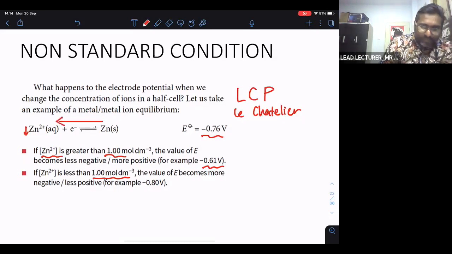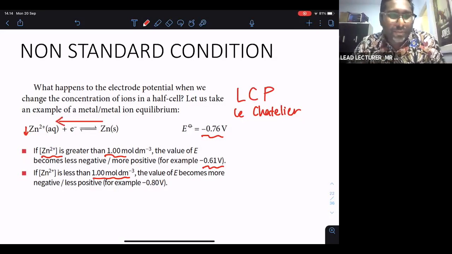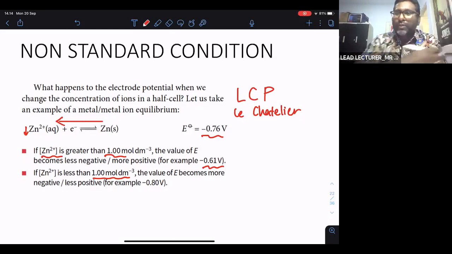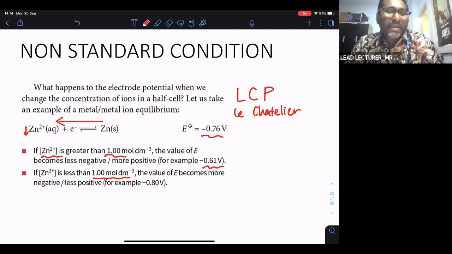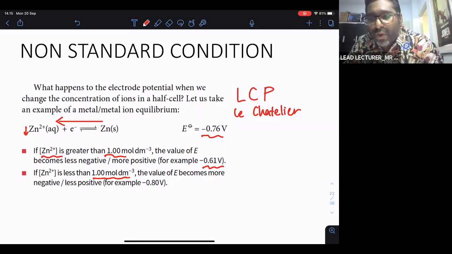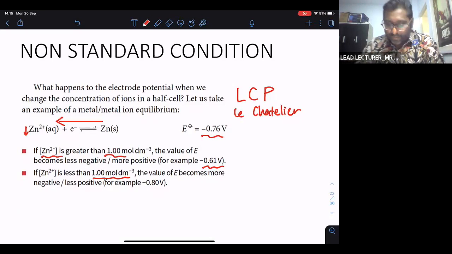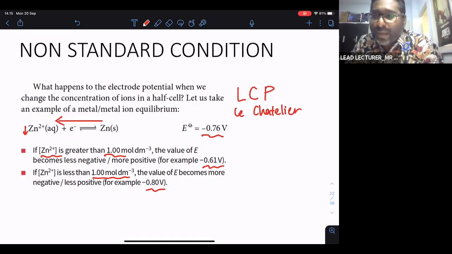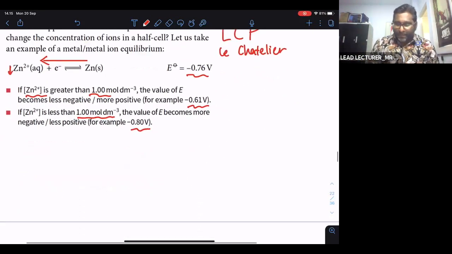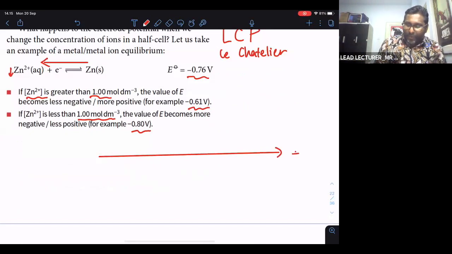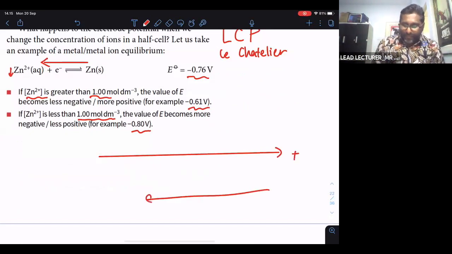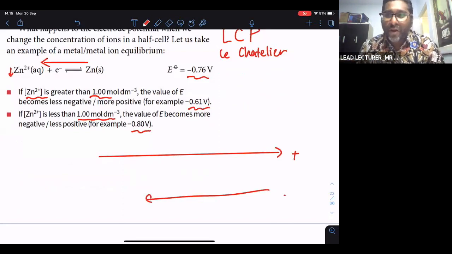Because you're going to the left, it will make the E value become more negative. So earlier you have negative 0.76, now you will have greater negative, probably negative 0.80, because it's going to the left. According to my teaching, remember, if you go to the right, you become more positive. If you go to the left, you become less positive or negative. You can remember it that way.